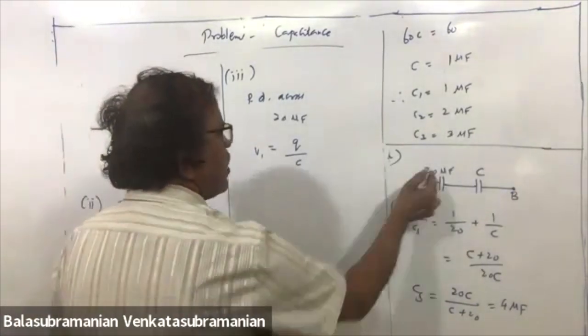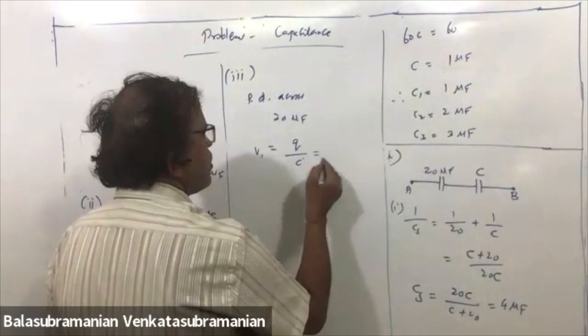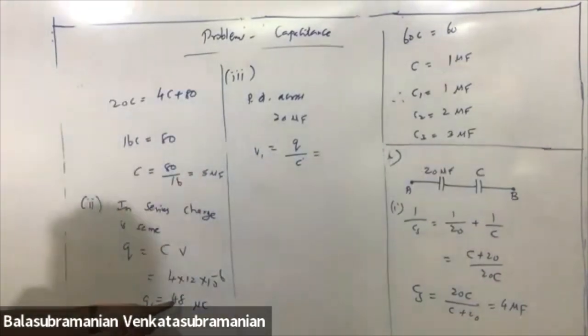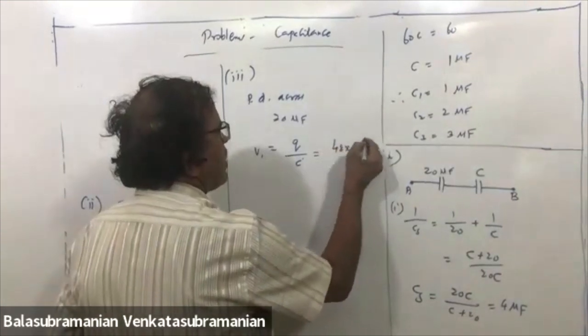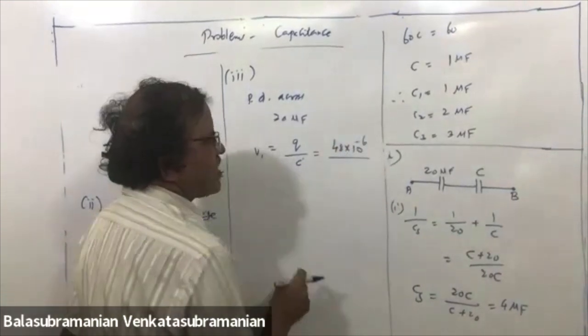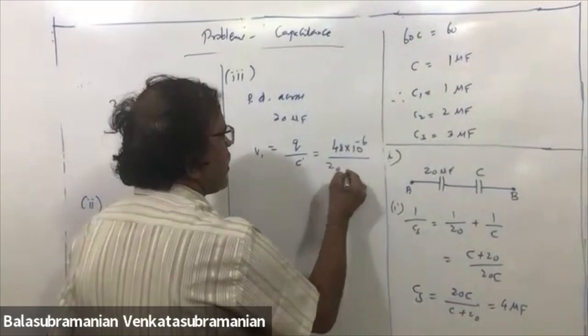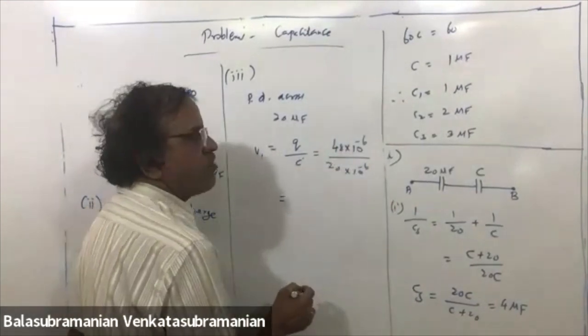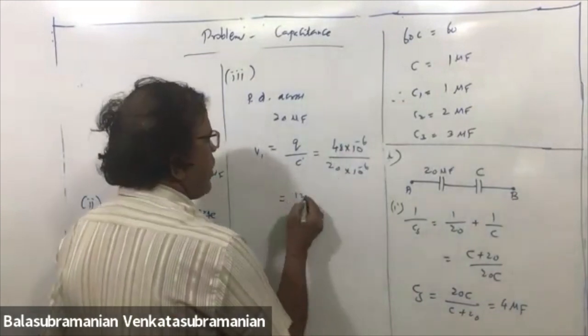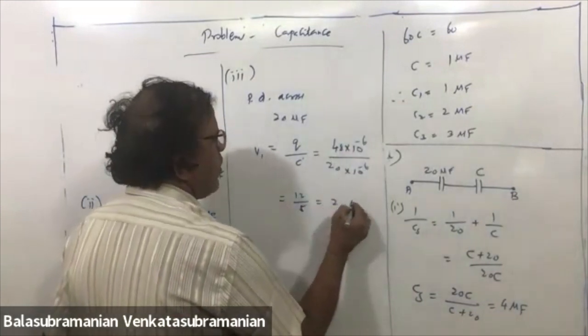This is not C, 20 microfarad, so C dash. What is Q here? 48. 48 into 10 power minus 6 by C dash. 20 into 10 power minus 6. 48 by 20, 12 by 5, 2.4 volt.